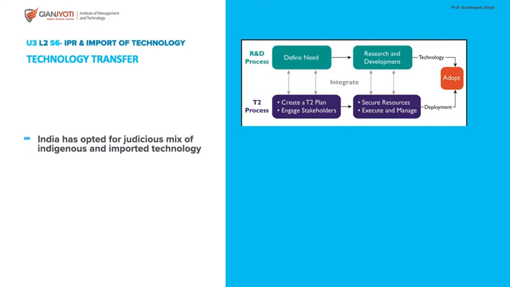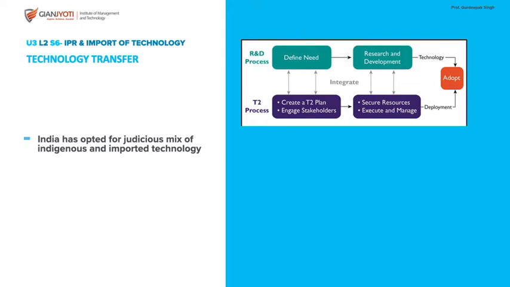But when we talk about the technology transfer process, you create a technology transfer plan, and then you engage the stakeholders who would like to participate in that, and then you secure the resources, execute and manage. So that is where the deployment happens.